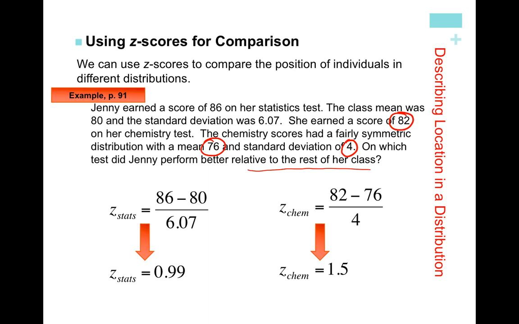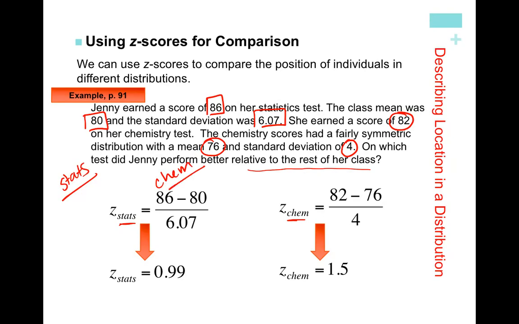In cases like this problem where you're comparing, I would use subscripts like here. You could even do a z sub S and a z sub C so that you can organize your work a little bit. Even when you're working through the problem, I might put boxes around all of the stuff for stats and circles around all the stuff for chem, or make a little list off to the side with all of my stats stuff and all of my chem stuff.